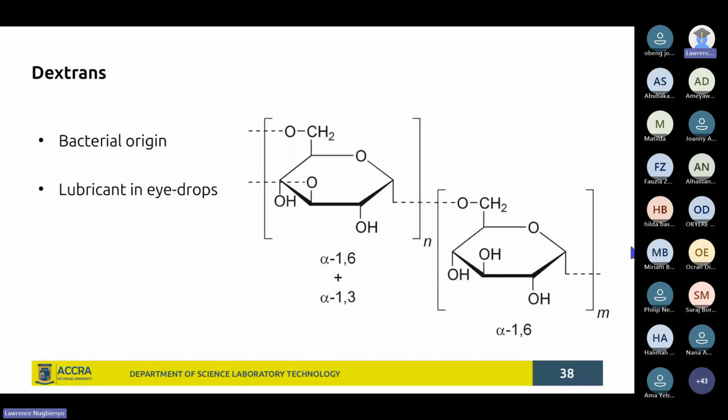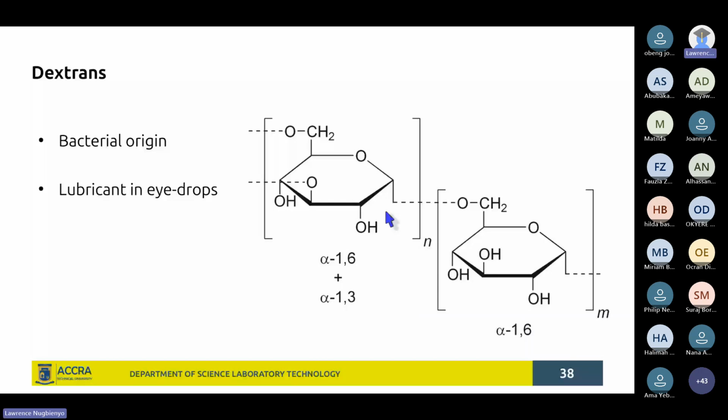But what you notice is that you have the alpha 1,6-glycosidic bond, which we saw as a branch point in cellulose. And you can even have the alpha 1,3-glycosidic bond. So that's going to be a bond between carbon number 1 and carbon number 3, or carbon number 1 and carbon number 6.